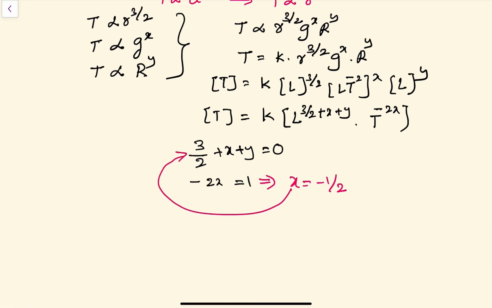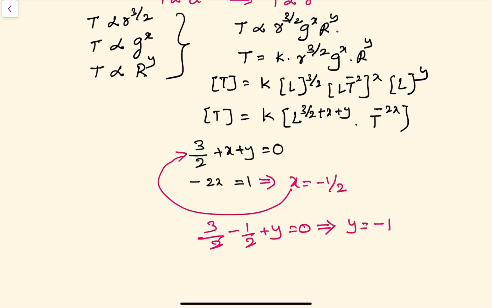Substitute this one: 3 by 2 minus 1 by 2 plus y is equal to 0. Then you get the y value as minus 1. So we obtained x value and y value.